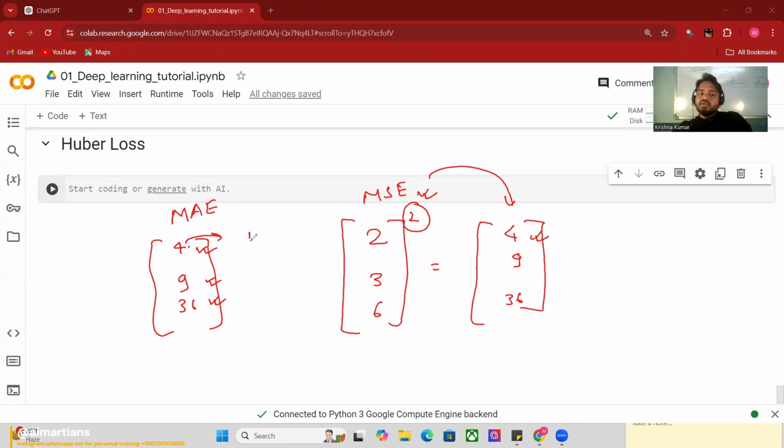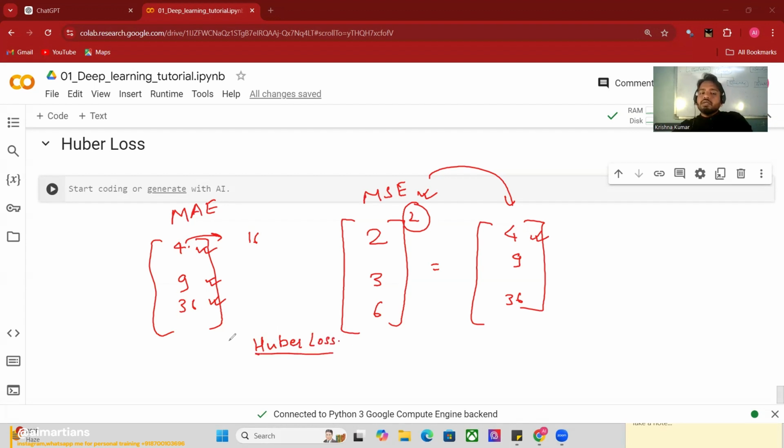It will become a huge value, which is less appropriate to optimize. So mean square error is always used when our losses are low, and mean absolute error is used when our losses are high. But now, when do we use Huber loss? This is the question and this video is all about that.